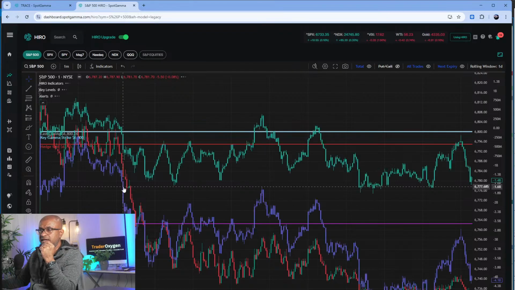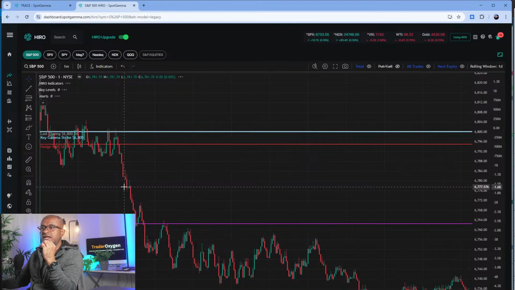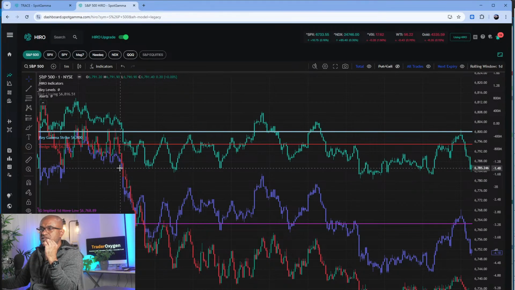At 10:30, it's minus 1.6 billion, bearish dealer hedging. So dealers are heavily bearish at that exact time where we were trying to take the sell entry.